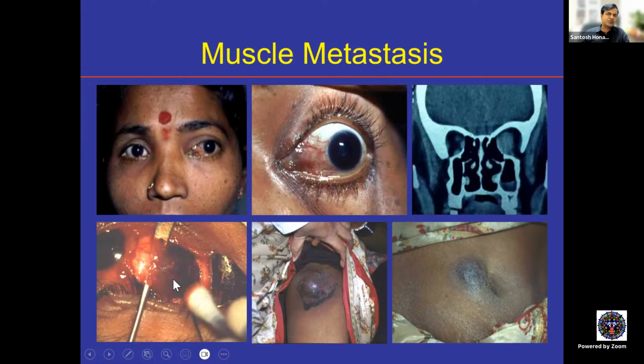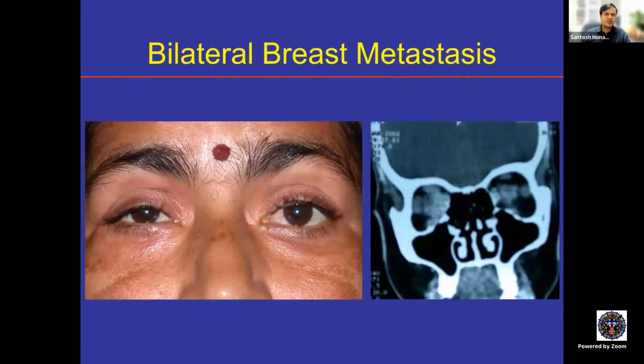This is what we found, jet black muscle. Then she was examined and we found that she had a cutaneous lesion, which she was hiding for whatever reason. She never gave us the history and nobody even bothered to look at the abdomen. Who would look at the abdomen and thigh in a patient who has ocular motility restriction, you may ask? Well, that may sometimes become relevant, right? So metastasis is a possibility. This was a melanoma metastasizing to the extraocular muscle.